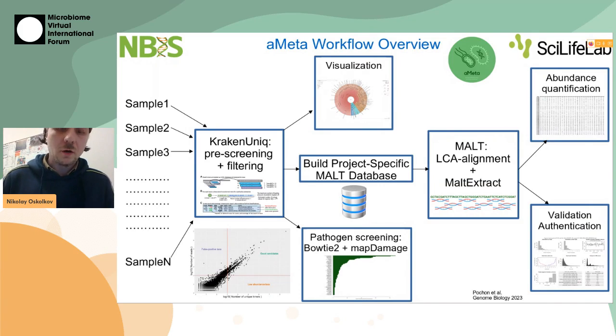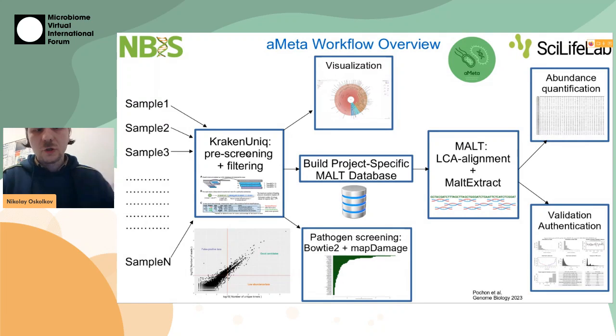But we pre-screen our raw data with KrakenUniq, which is a recent development that can use as large a database as you want, and it can be run literally on your laptop. So in the first step we are very unbiased.